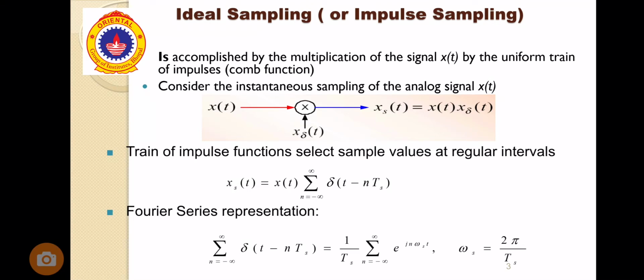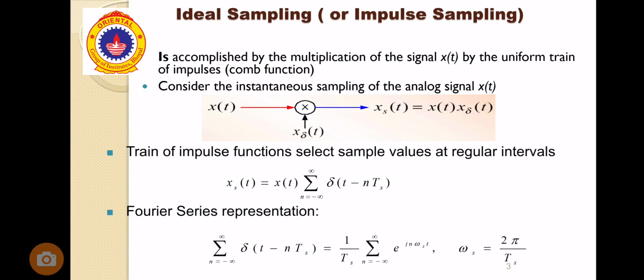We get the sampled signal xs(t), which is equal to x(t) multiplied by delta_Ts(t). The delta_Ts(t) is a train of impulses. The train of impulse function selects sample values at regular intervals. A train of impulses means a periodic impulse function, an impulse function which is repeating itself after every Ts: 0, Ts, 2Ts, 3Ts, 4Ts.